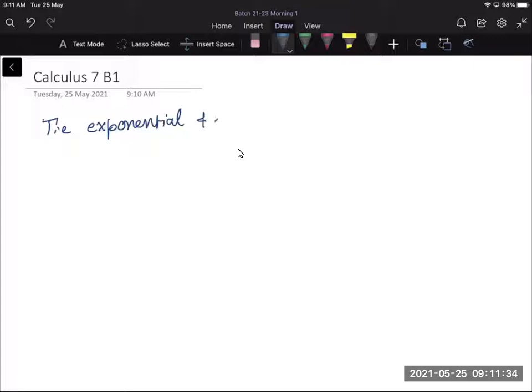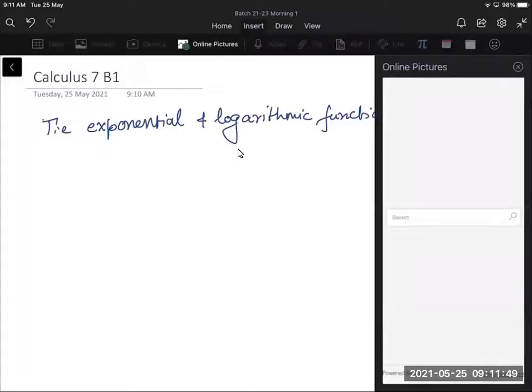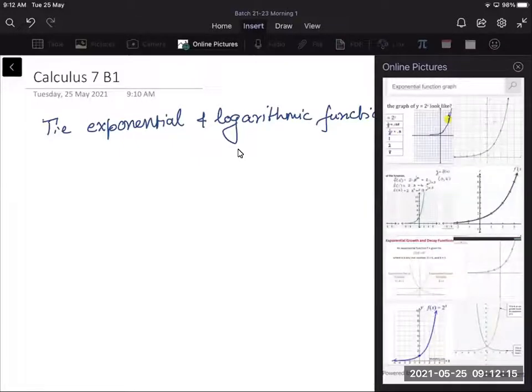And we can have, I think, a graph of this exponential function.